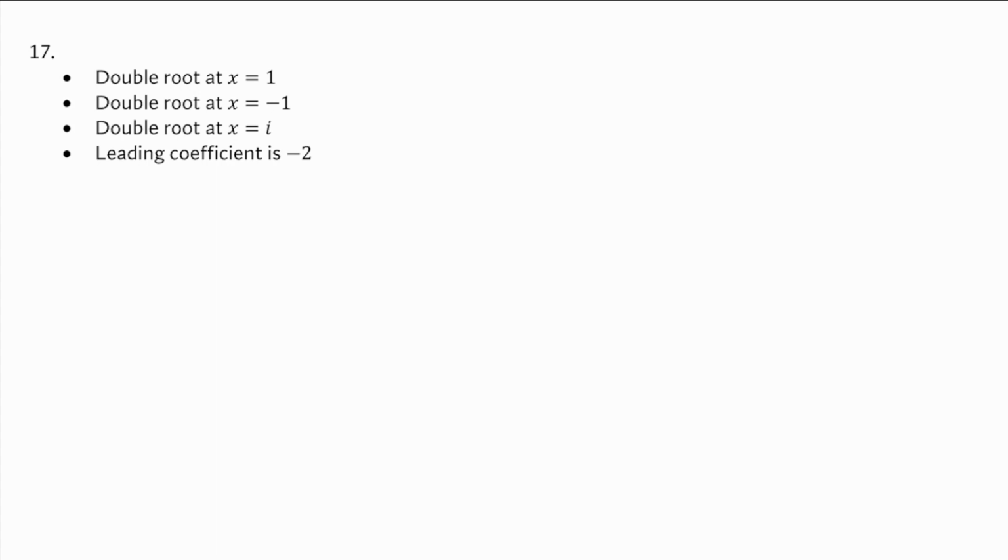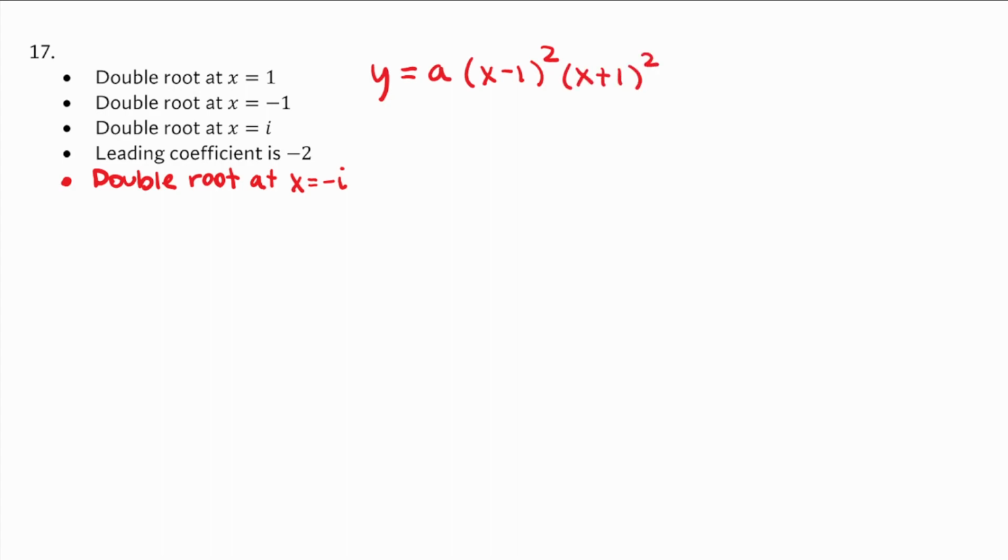So, I'm going to have, oh, hold on. I'm going to add in my own bullet point that I've got a double root at x equals negative i. Okay, set up my factors, I guess. y is equal to a leading coefficient times (x minus 1) squared times (x minus negative 1) squared, and I'm not going to be squaring all of these out.